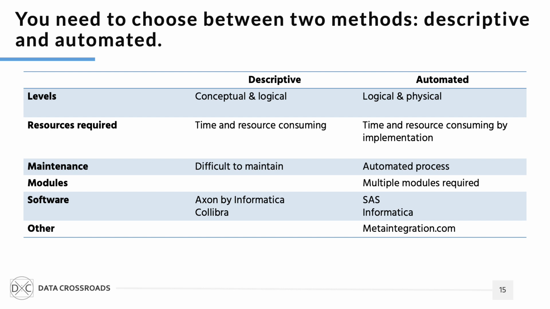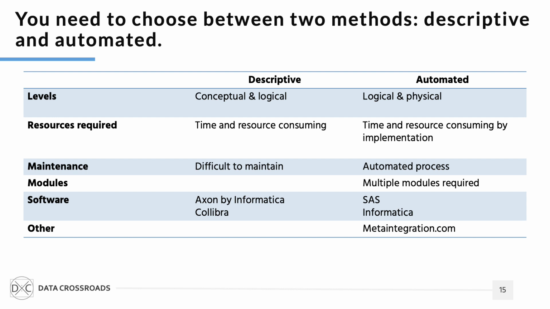When you opt for the automated solution, you should take into account the following. To implement the automated solution, you will always need several modules to be coupled with each other. For example, metadata repository, business rules repository, data lineage viewer, etc. When you make a decision about the method of implementation, you should take into account the following.